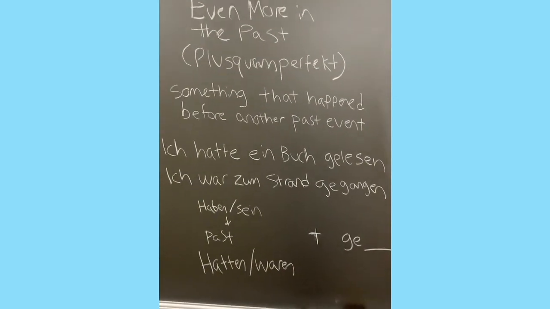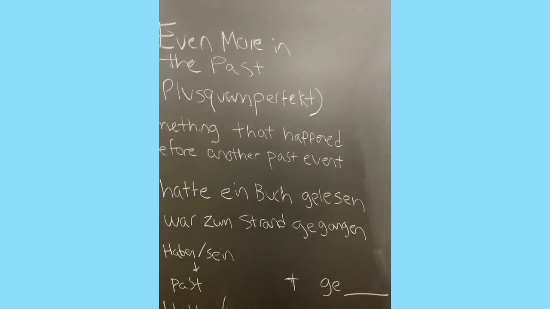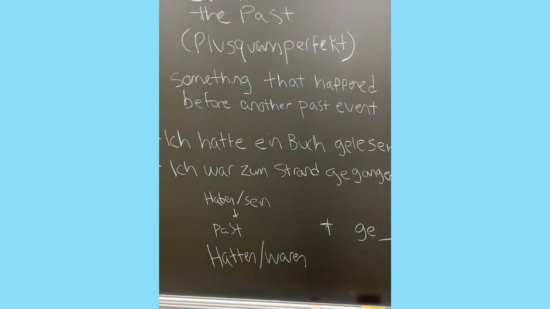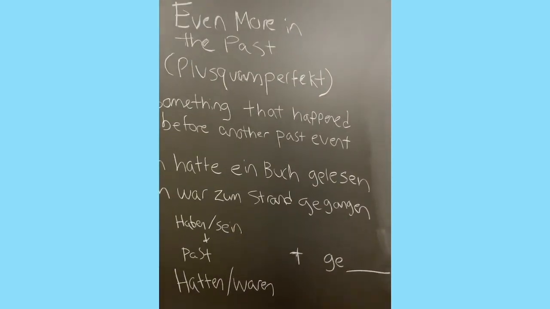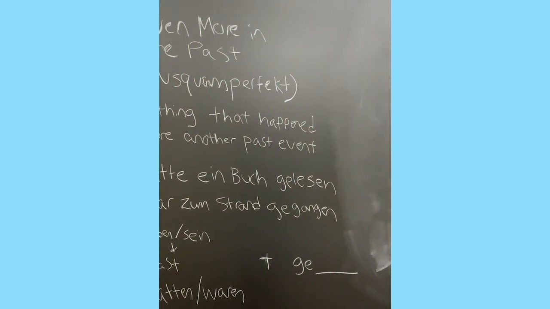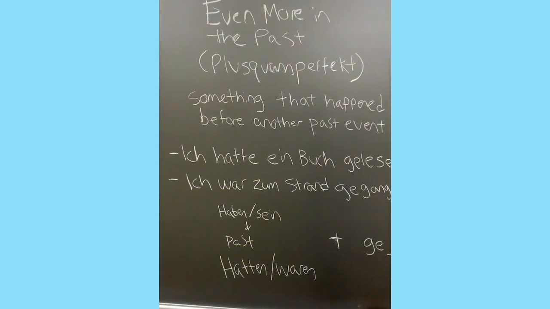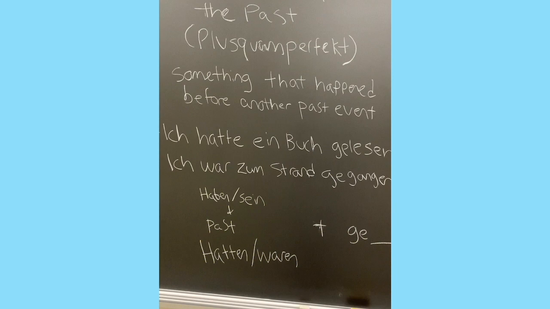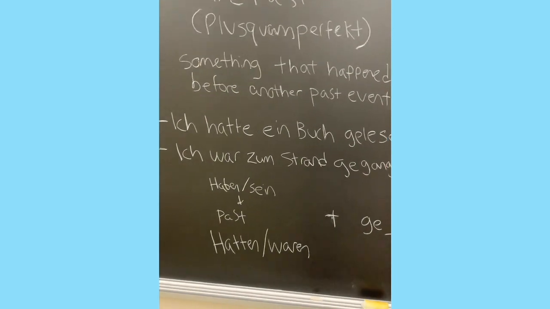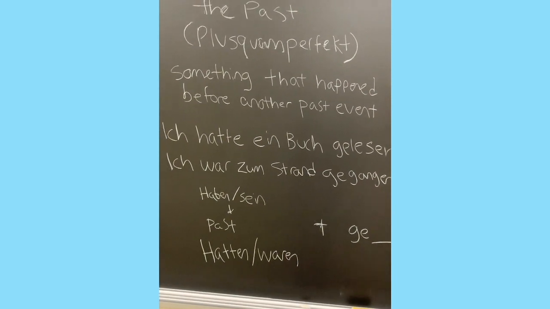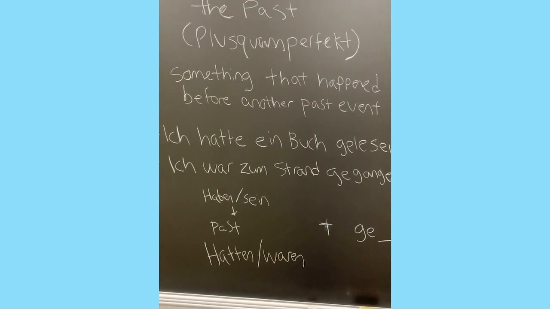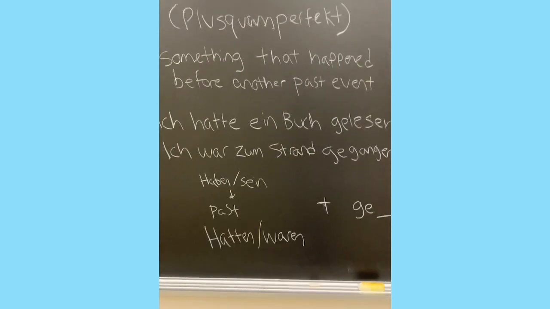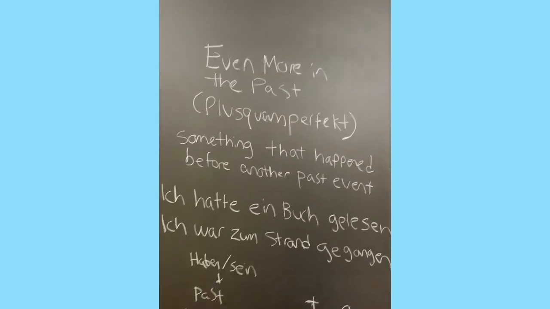So now this is our second past tense, and this one is even more in the past than the regular past tense. And we call it in German Plusquamperfekt. So you have Präsens, Perfekt, Plusquamperfekt. And that is something that happened before another past event.